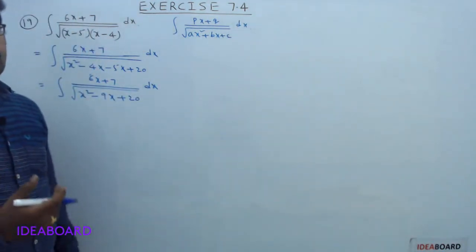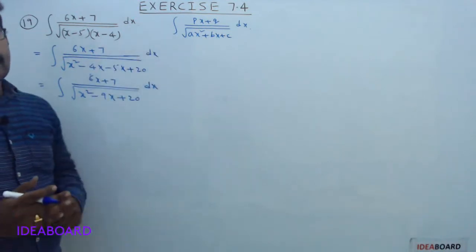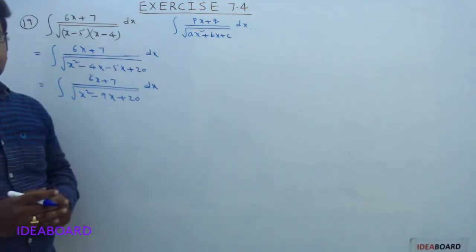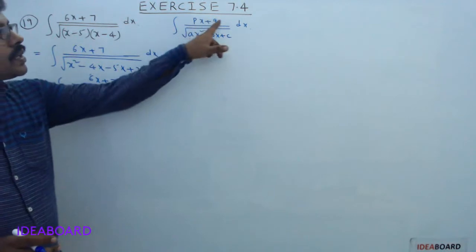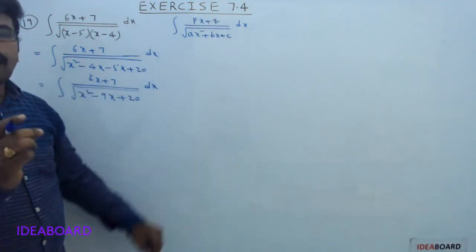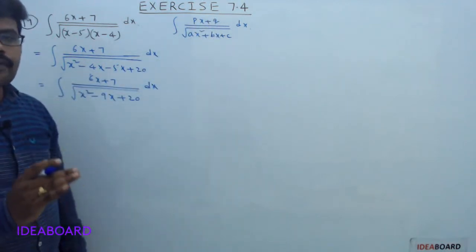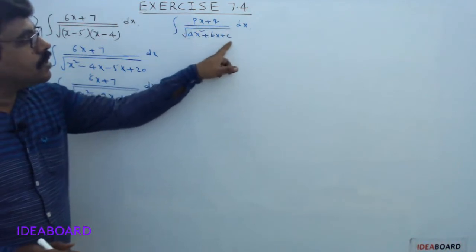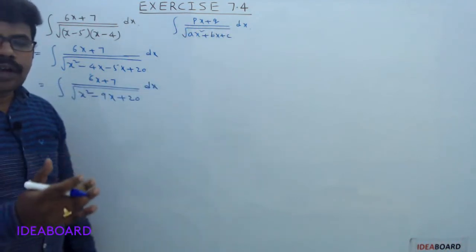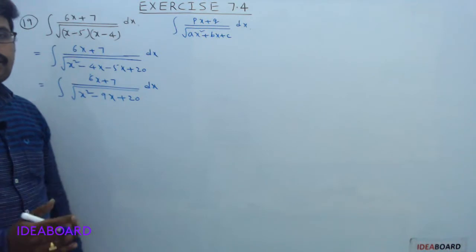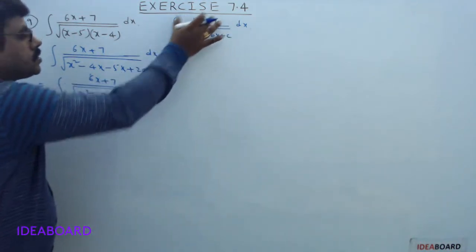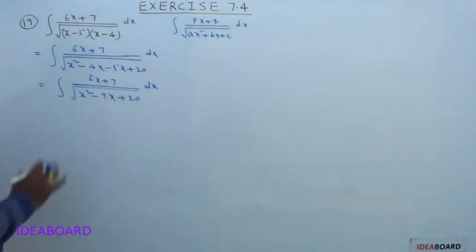Now how to evaluate this type of integrals? First, what is the procedure? Write px + q as some constant a into the derivative of (ax² + bx + c) plus some constant b. Here in place of px + q, 6x + 7 will be there.